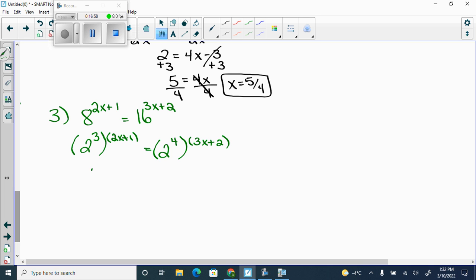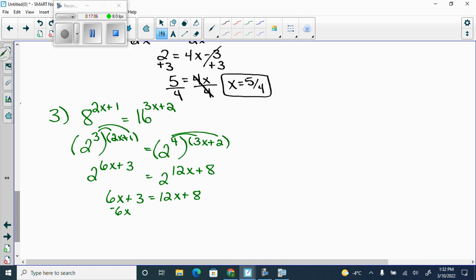So we're going to get 2 to the 6x plus 3 equals 2 to the 12x plus 8. And we set our exponents equal, 6x plus 3 equals 12x plus 8.